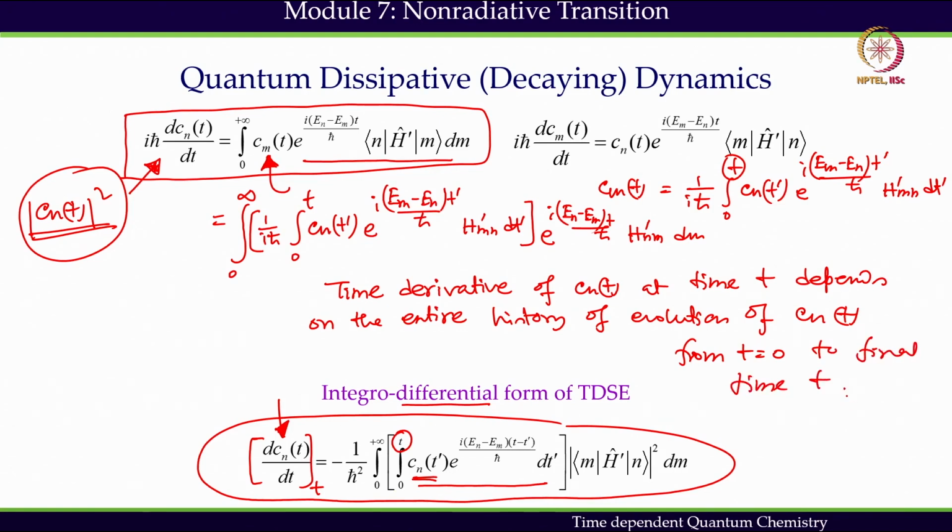Because it depends on the entire history, that's why it is called the integral differential form of the TDSE. It is the same TDSE, but in an integral differential form, assuming that the wave function was expressed as a linear combination of the initial state and all final states. We will stop here and continue this discussion of the integral differential form of the TDSE in the next session.